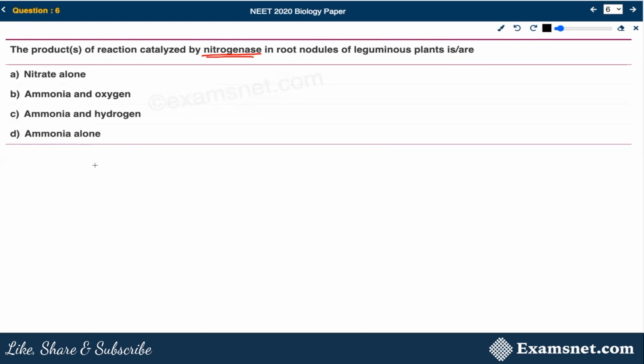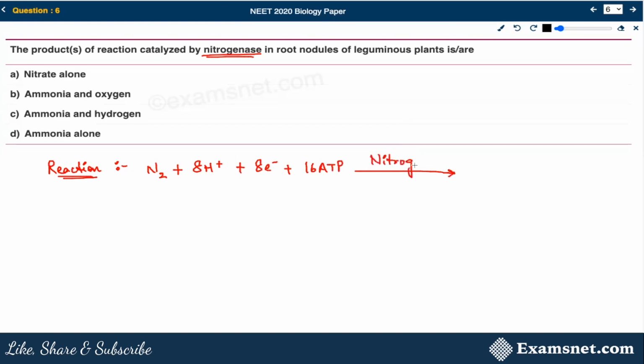If I write down the reaction for nitrogen fixation, it turns out to be N2 plus 8H+ plus 8 electrons, along with 16 molecules of ATP, in the presence of the enzyme nitrogenase along with magnesium ions.